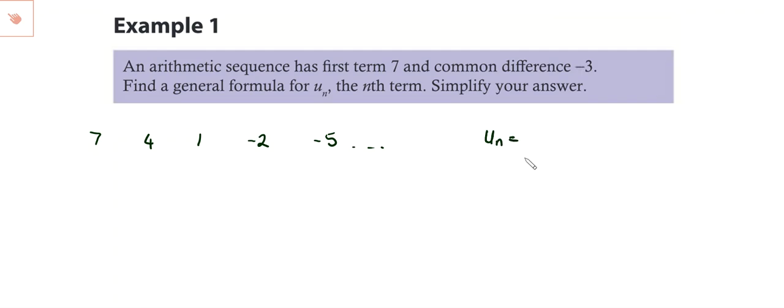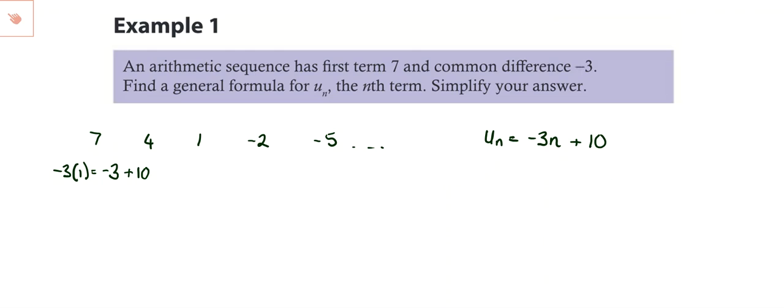Un equals -3n, but -3 times 1 is equal to -3, and I need 7, so add, from -3 up to 7, 10. So it would be -3n plus 10. That's one way to do it.